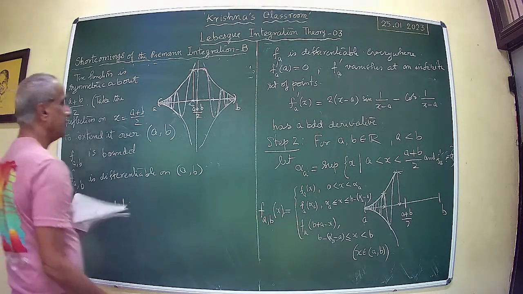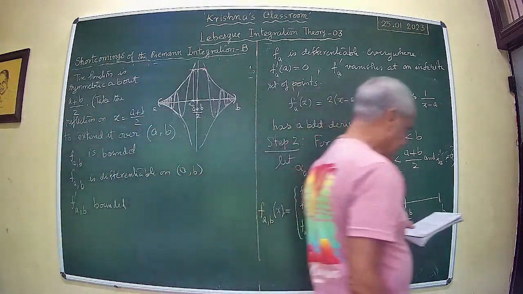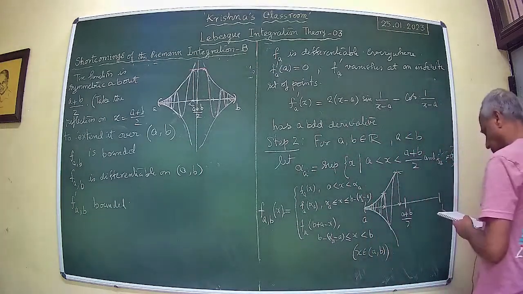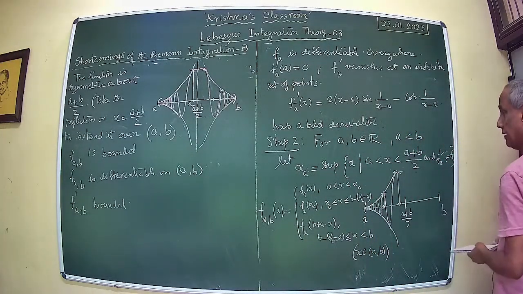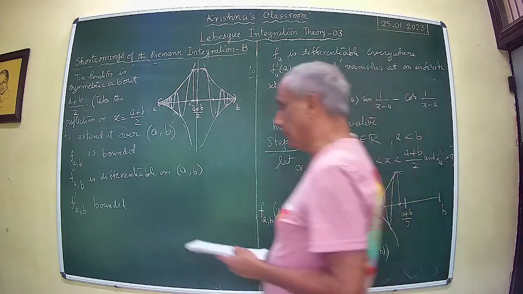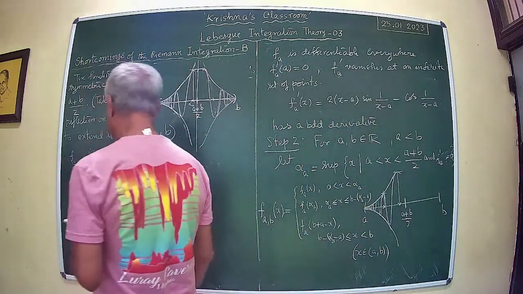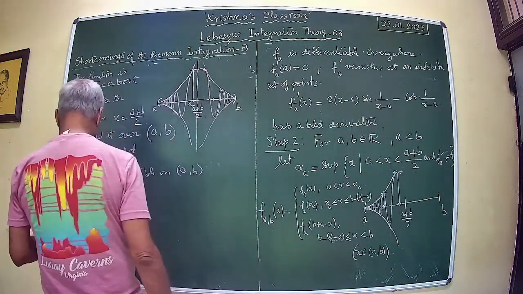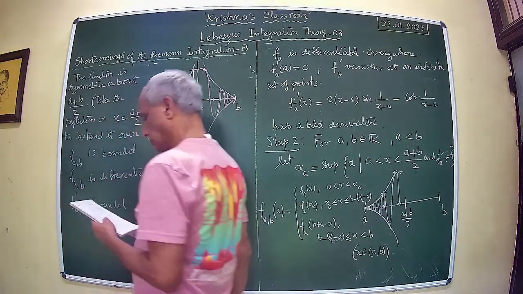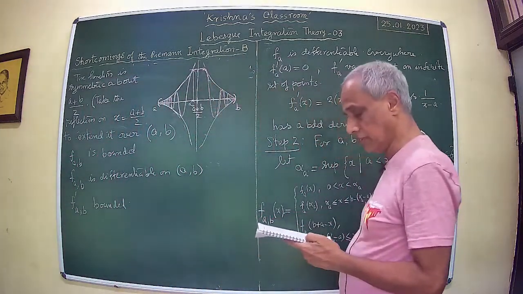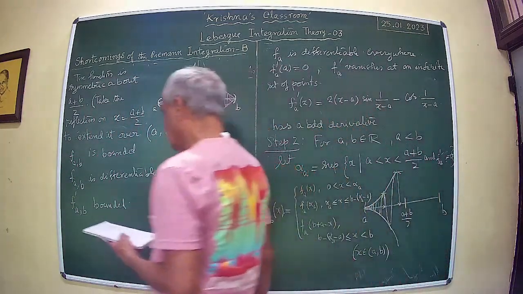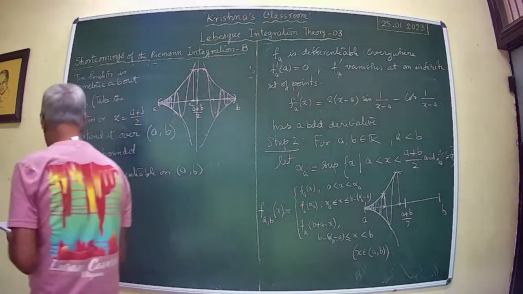So it is a bounded derivative everywhere on the interval AB. So you see that, in fact, you can show that f derivative on AB oscillates between +1 and -1 near B. Okay, right. So the next step is crucial.